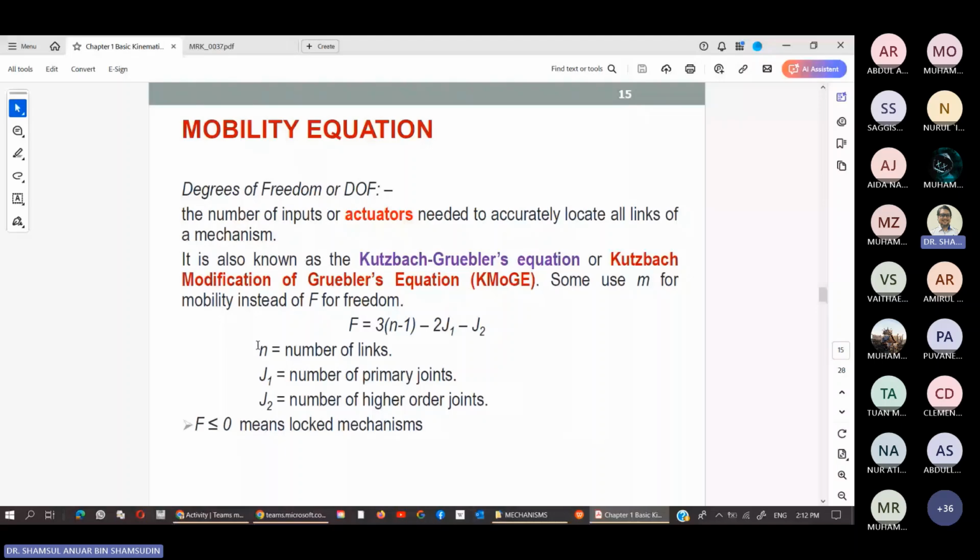So one movement from this one will move the other link accordingly, meaning the other link is not independent from the first one. But when we talk about freedom, we want to see in how many ways they can move, rotate or translate independently.